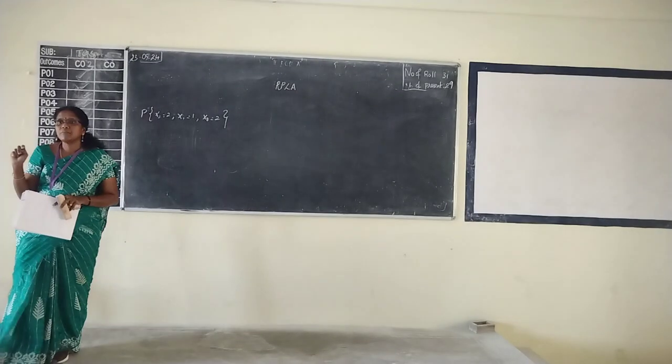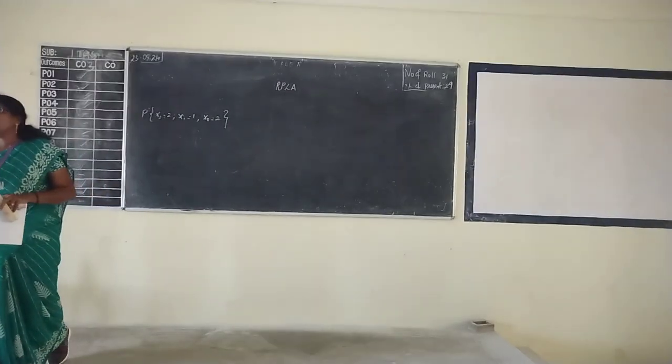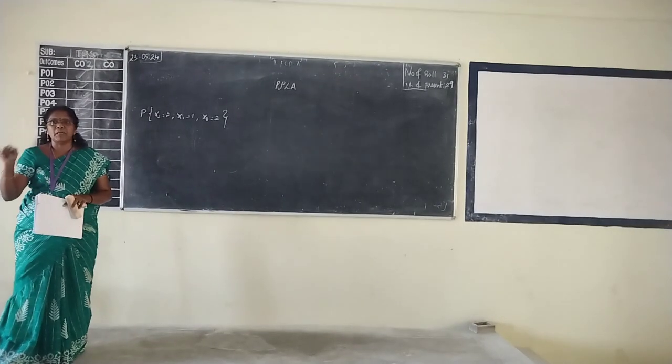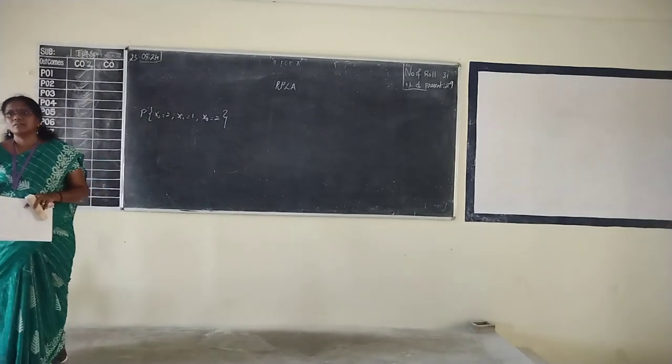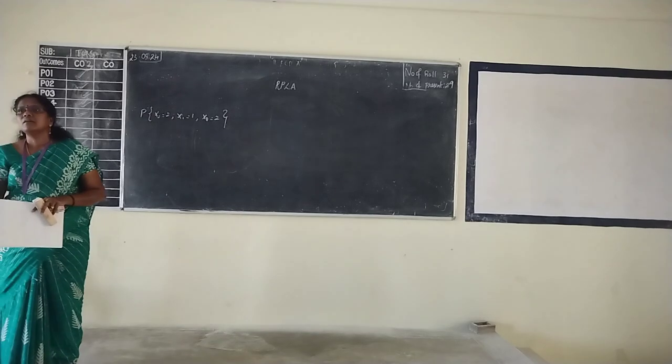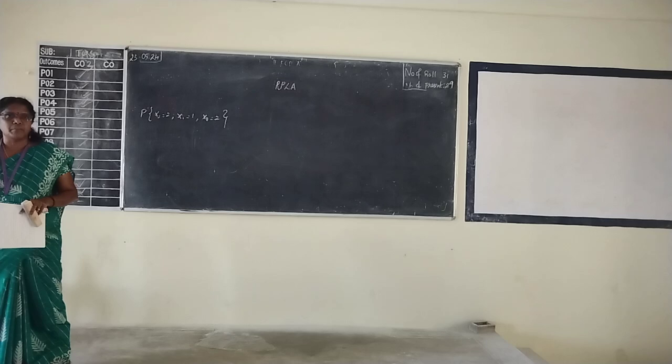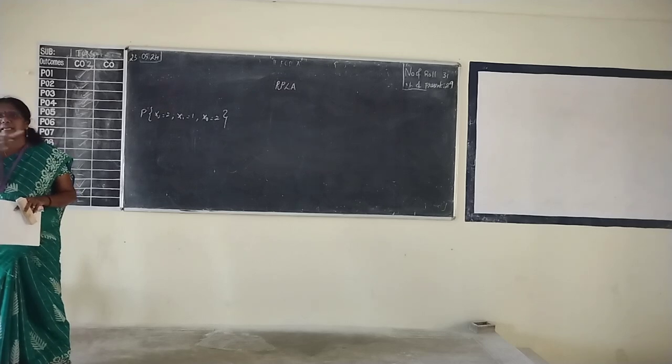What is A given B? P of A intersection B by P of B. What is P of A intersection B by this definition? P of A given B into P of B. And the logic is this: when the numerator comes to the determinant, that is the intersection.